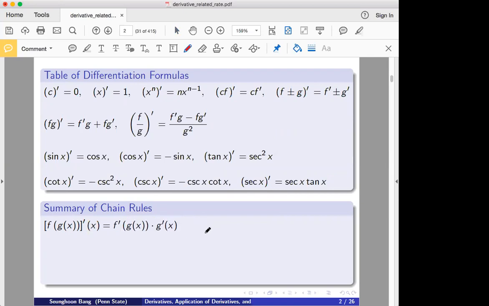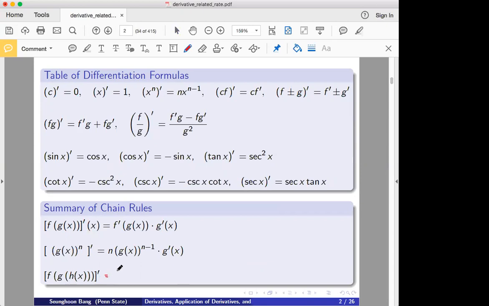The next one, what is g of x to the n prime? You can use the power rule: n times the inner function g of x to the power n minus 1, times g prime of x. This is exactly the chain rule. One more, f of g of h of x prime.